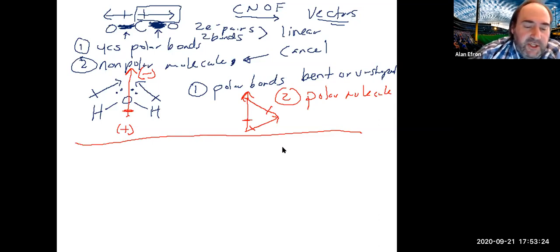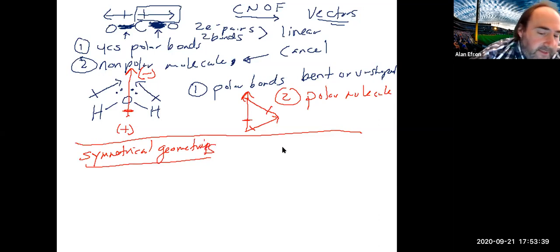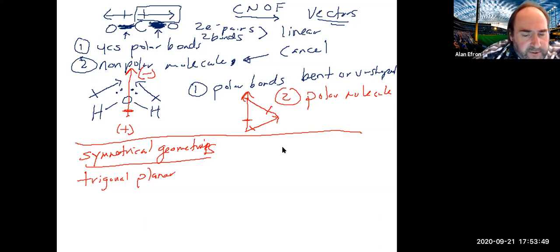You can look at the geometries that you have. There are certain geometries which are referred to as symmetrical geometries. Symmetrical geometries are ones that we've seen in this class, which are trigonal planar, and we're talking about the molecular geometries here, so molecular shapes, and tetrahedral.